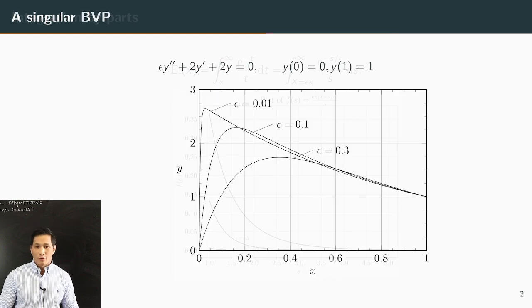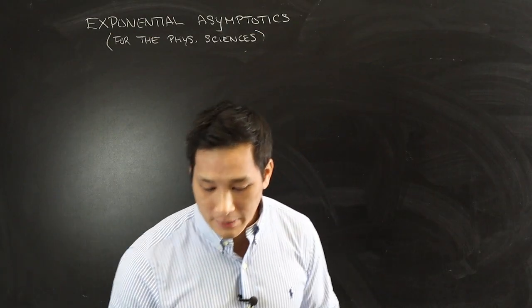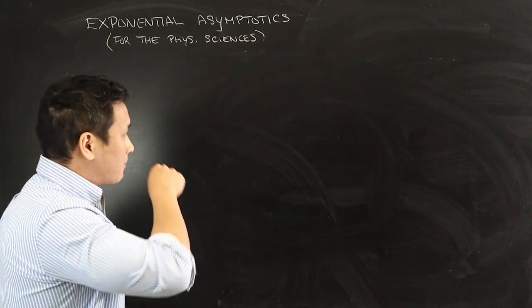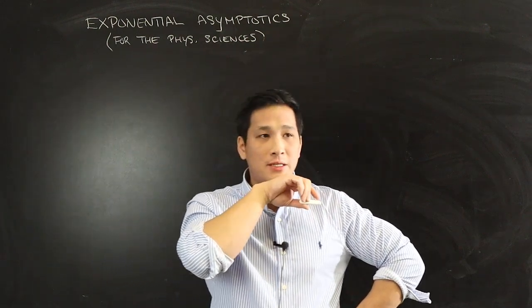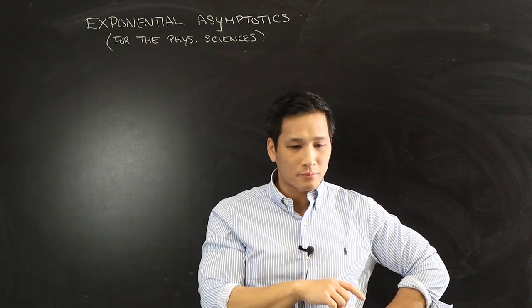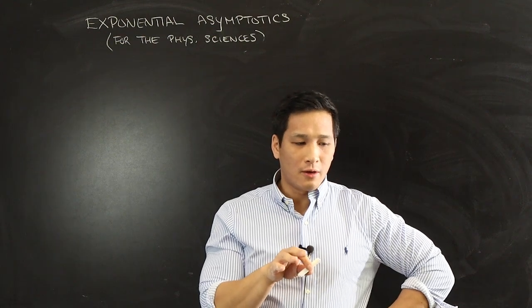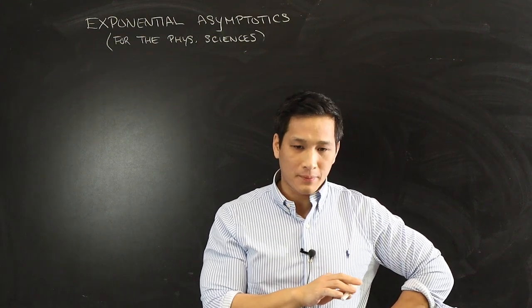Okay. Now I want to go on to integral approximations, and again, a lot of this is going to be done via example. A word about the importance of integral approximations.